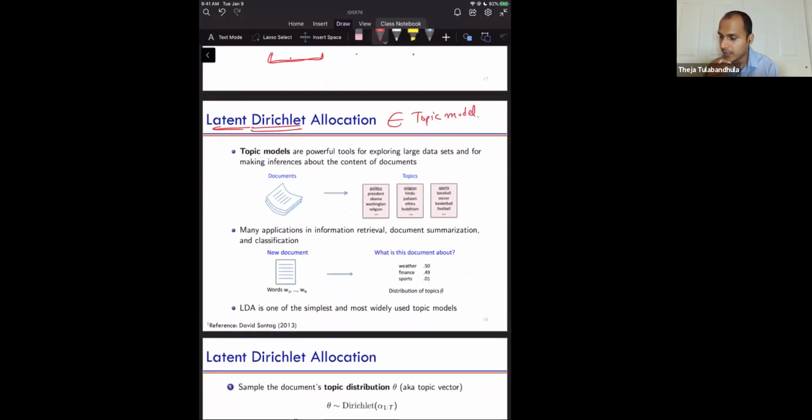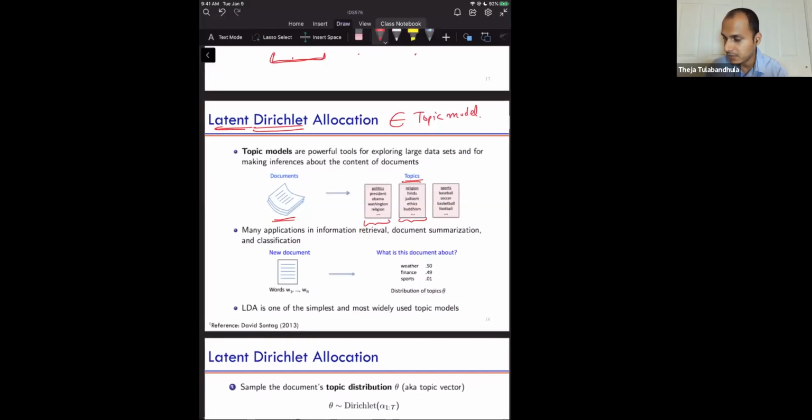Basically, given a bunch of documents, you try to figure out topics in these documents. For example, some documents are about politics, some documents are about religion, some documents are about sports. Once you get the topics, you can also cluster these documents. Some document will have a lot of information about sports, maybe it's a sports topic based document.